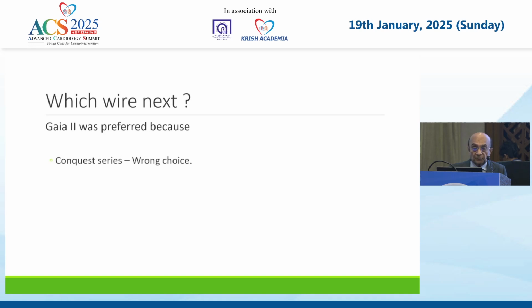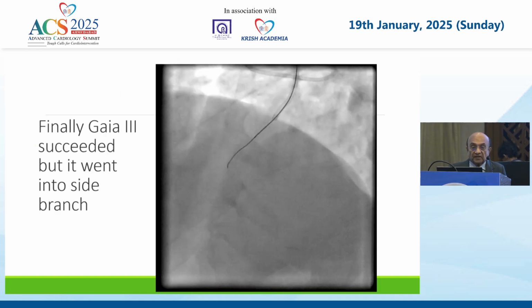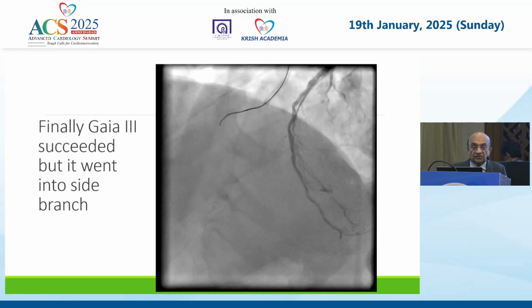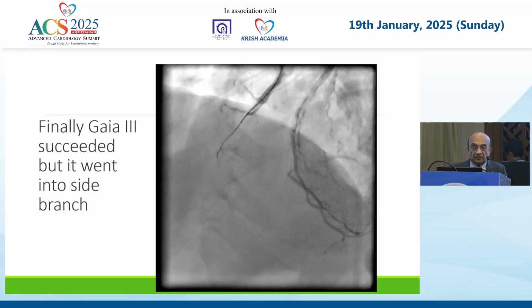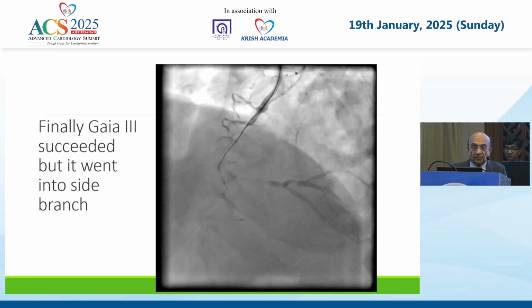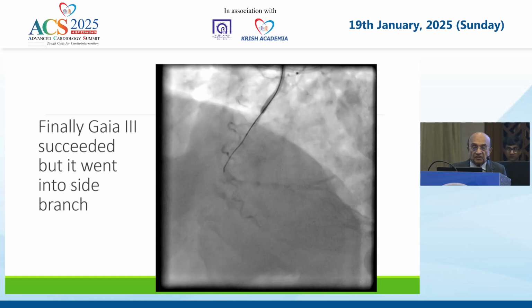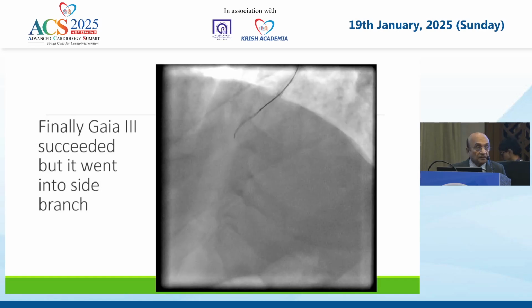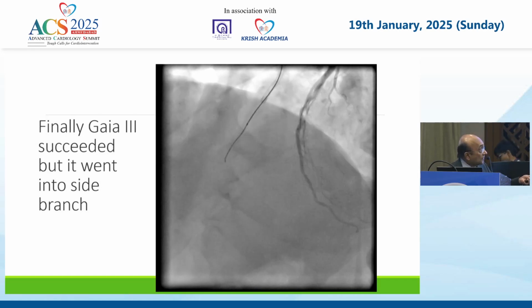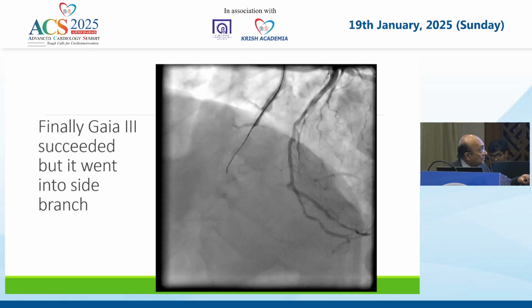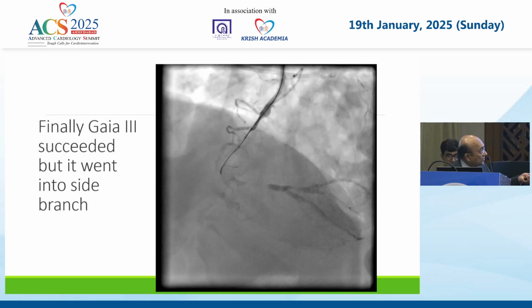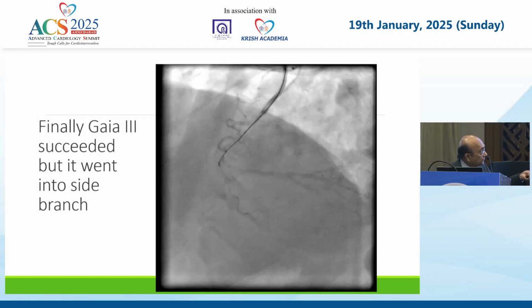Therefore Conquest Pro is meant for a specific purpose. So finally, the Gaia 3 wire entered, but when we check by the contralateral injection, it is trying to enter the side branch. Is it seen clearly? That is trying to enter the side branch. This is the side branch.